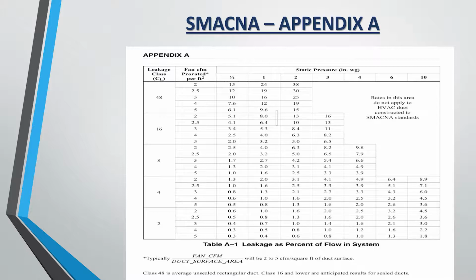So if you looked at something that was in the 48 or 16, if it gets to 2 inches of static, they're allowed 38%, 19, 15, 9, 6, and this is where it starts getting lower down in here because the leakage class rate goes up, and they get down into here, we're at the 2%, 1%, 1.5%. In the middle here, we're at the 6s. So depending on what leakage class they put you in, allowed to leak more.